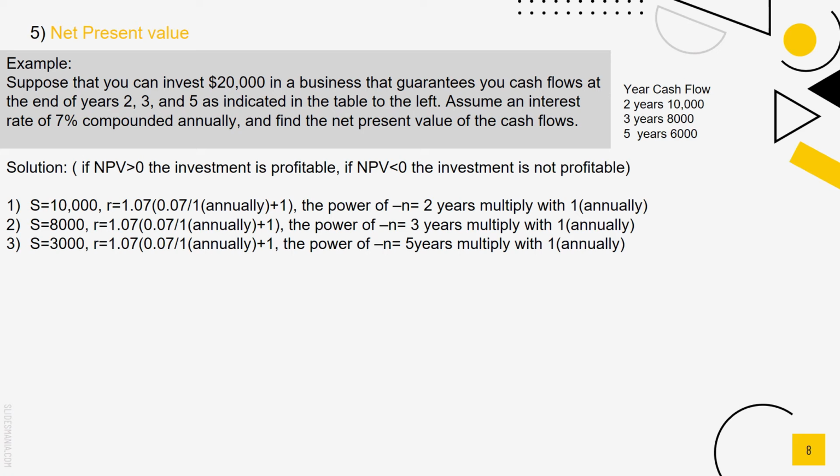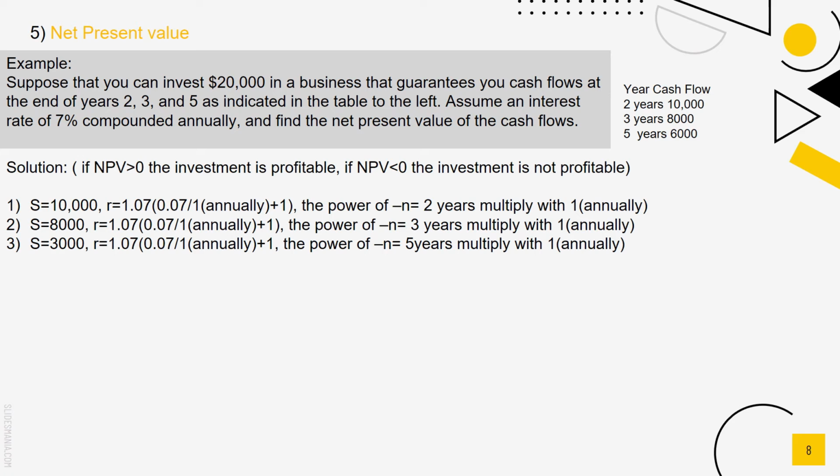First, we should find the hints and recognize the terms of the formula one by one. For example, in my solution, based on the table of yearly cash flow, the compound amount represented as S is 10,000.